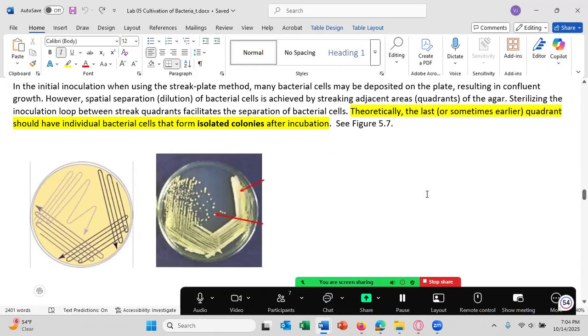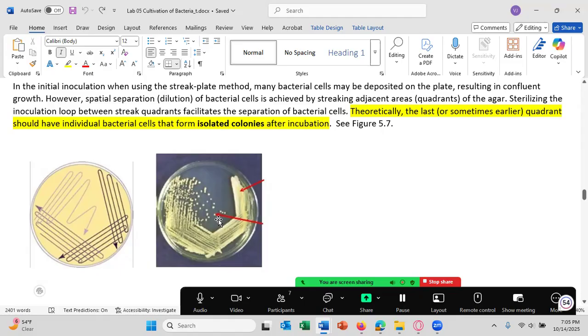If you take an isolated colony here, there's only about a 70% chance that it will be a pure culture. 30% of these colonies will be a mixed culture from 2 or more cells. That's because when you're streaking, most of the time you'll put down 1 cell, but sometimes you'll put down 2 or 3 cells or a clump of cells.